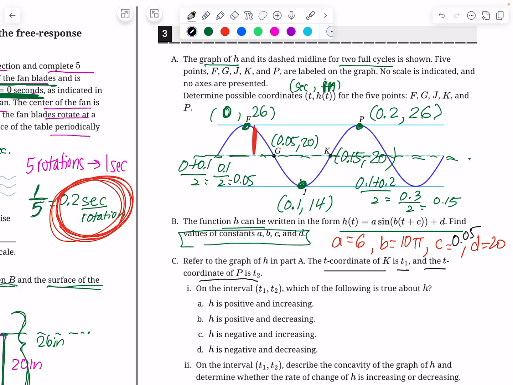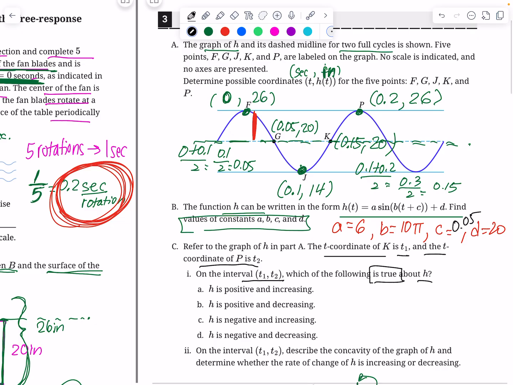And it says, on the interval t1 comma t2, which of the following is true about h? Okay, so here it says k and p. So let's look at k. K here, they said the t-coordinate is t1. And then the t-coordinate of p, that's this one, is t2.